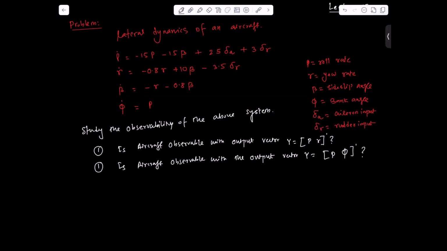Similar to the previous question number 1, here the output is a function of roll rate and bank angle.